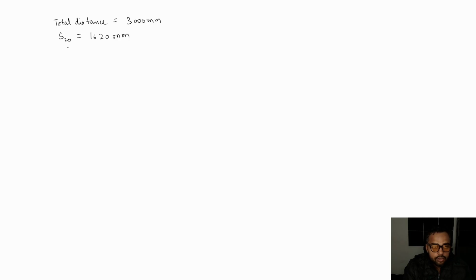So now we need to subtract this value from the total: 3000 minus 1620 gives 1380. 1380 millimeters is the remaining distance.